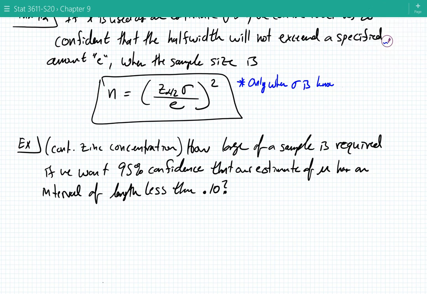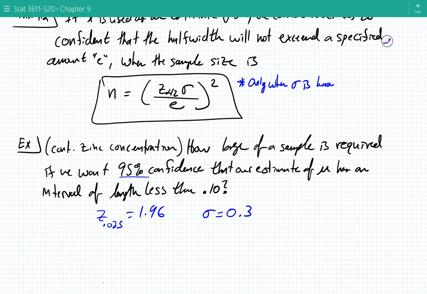All right, so some things I want us to pull back from the previous example. This uses z of alpha over 2. We're talking about a 95% confidence interval, and so we're looking for z of 0.025, which we found to be 1.96 in the last example. We were also given that sigma was 0.3.